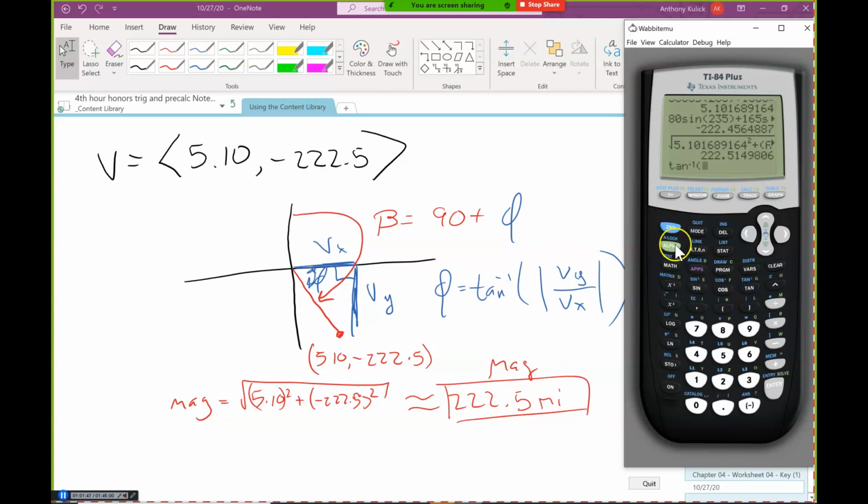So that is 88.7. So this value then is about 178.7 degrees is my bearing.